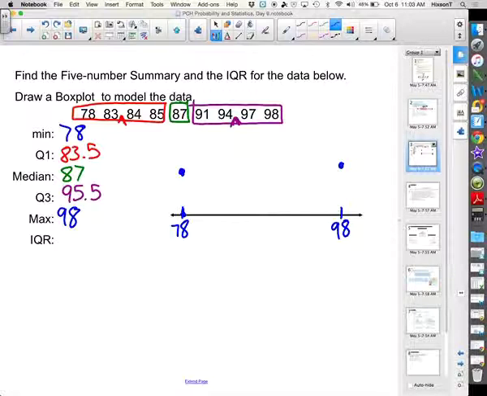Okay, so I'm going to go right in the middle. Right in the middle of these would be at 88. And then I can go 90, 92, 94, 96. Here's 78, 80, 82, 84, 86. And, you know, do your best to space them out evenly.